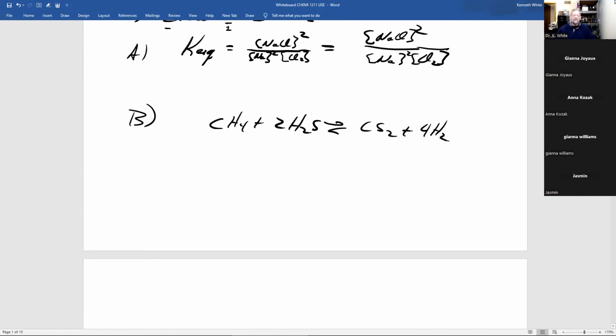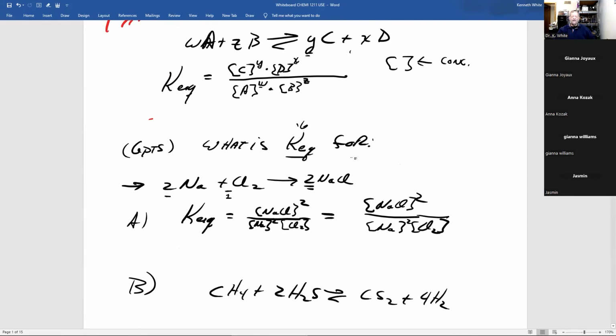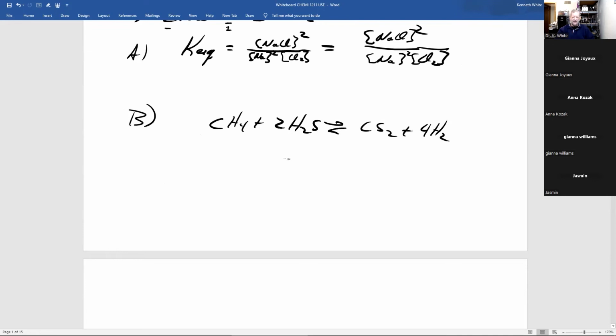All right, let's take a look at this B. And here we have an equilibrium, which means the forward and reverse rates, that's shown by the double-headed arrow here, arrow on top, arrow on the bottom. And the question is, what is the equilibrium constant for this reaction?